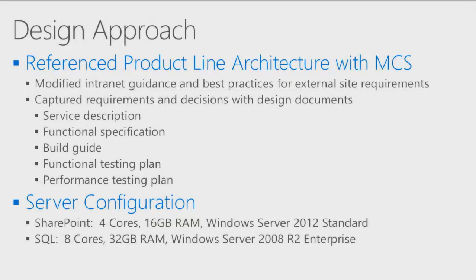And one thing that I thought was particularly interesting is that we got to use a little bit of what they call the PLA, or the product line architecture. That is basically some best practices that Microsoft Consulting Services has that's based on their knowledge over the years, over Premier support, and they're trying to package everything up so that it's very repeatable, so you're not trying to engineer everything from scratch every time.